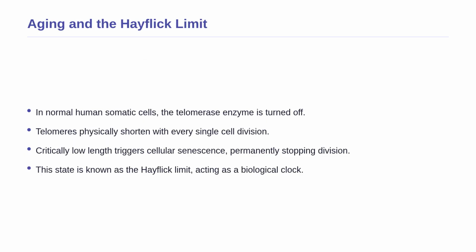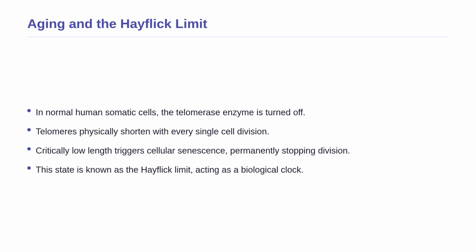This mechanism directly connects to how we age. In the vast majority of normal human somatic cells, the telomerase enzyme is actually turned off. This means that telomeres physically shorten with every single cell division. Once the telomeres shorten to a critical, dangerously low length, the cell receives a powerful signal to permanently stop dividing.